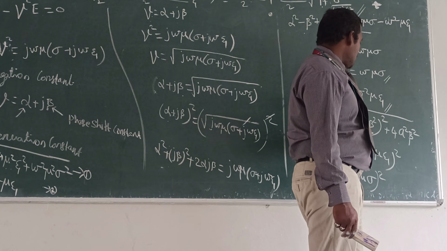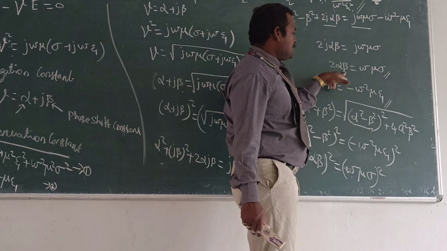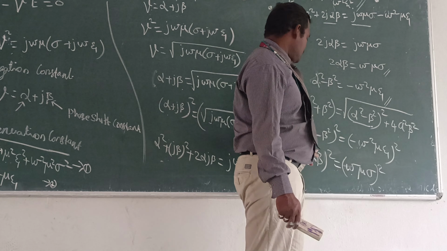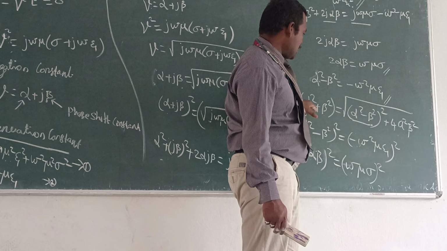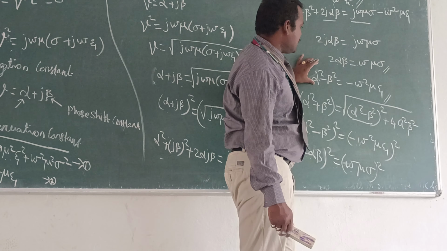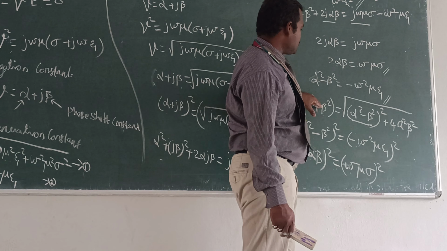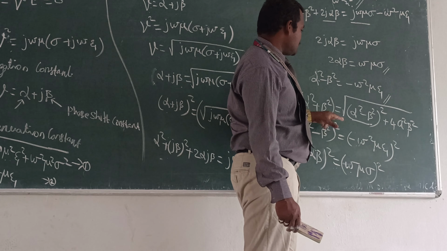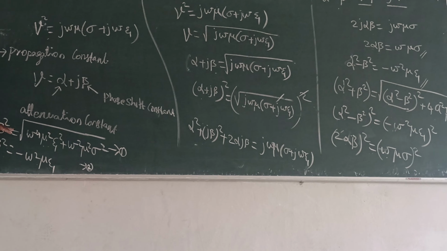We know alpha square minus beta square and 2 alpha beta, so you can replace these two terms. While adding these two expressions and simplifying, you can receive it like this.